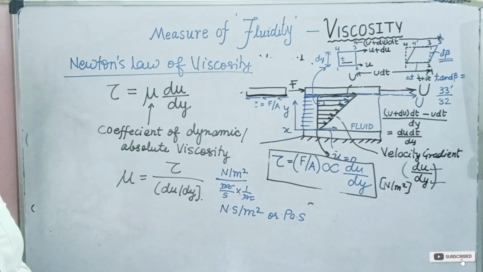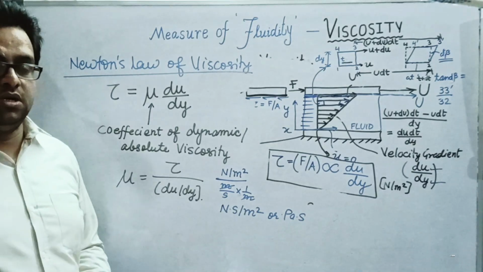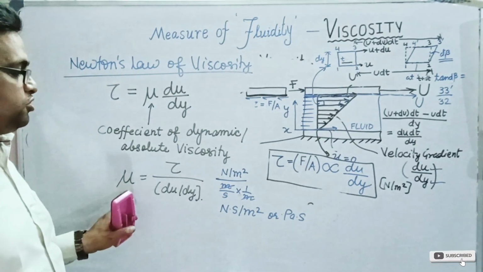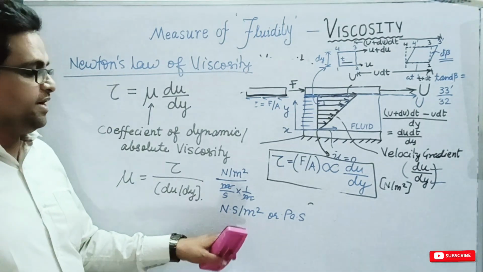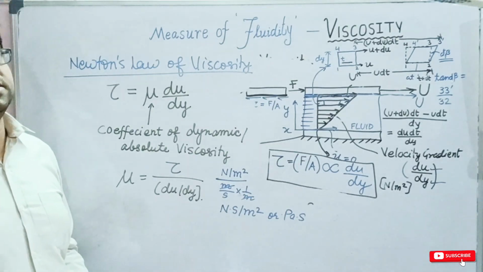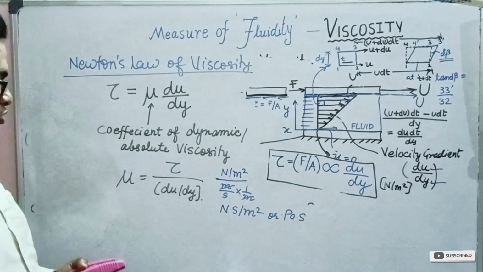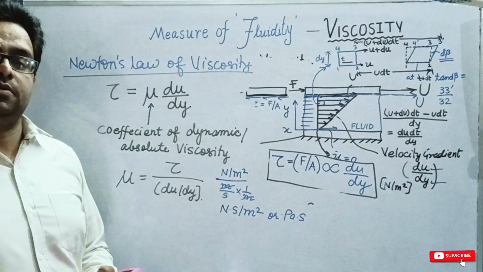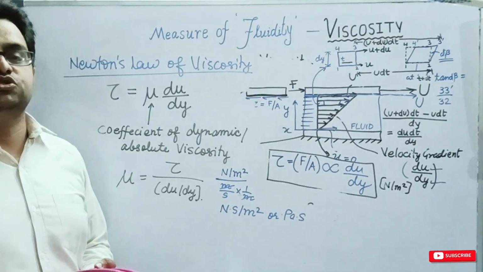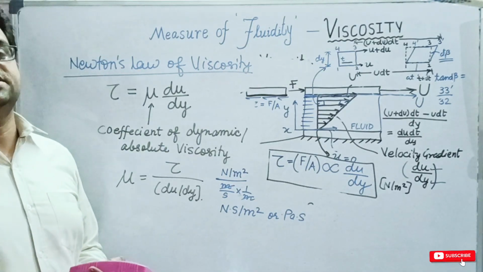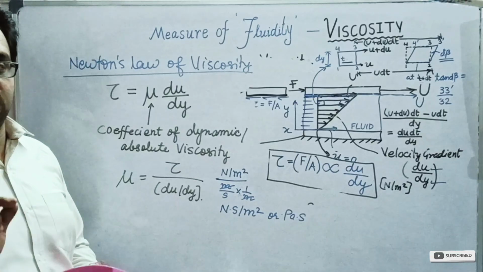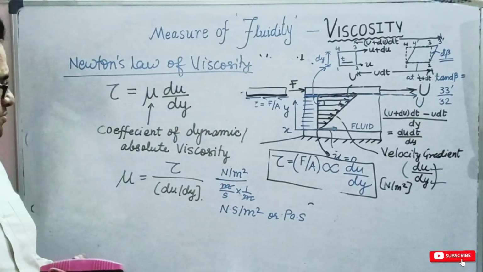But remember, one most commonly used unit for dynamic viscosity is not Newton second per meter square or Pascal second. It is known as poise. It is actually in the absolute metric system, and 1 poise is equal to 0.1 Pascal second.